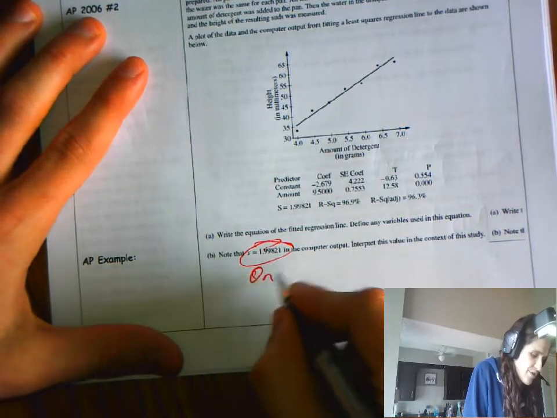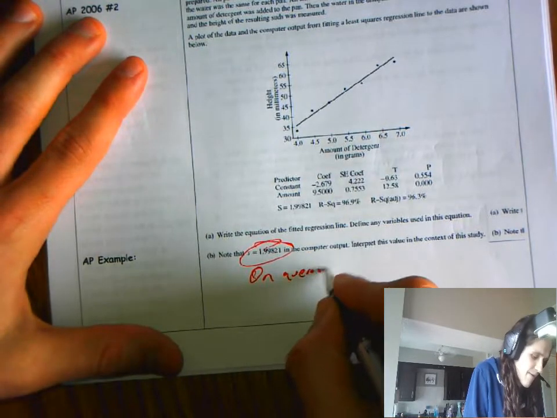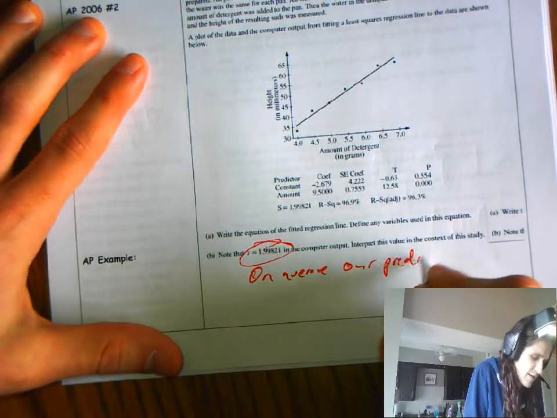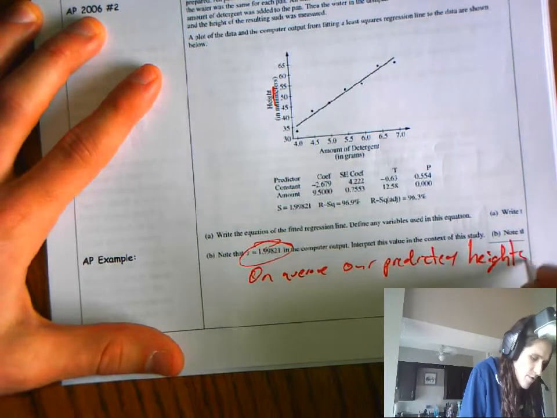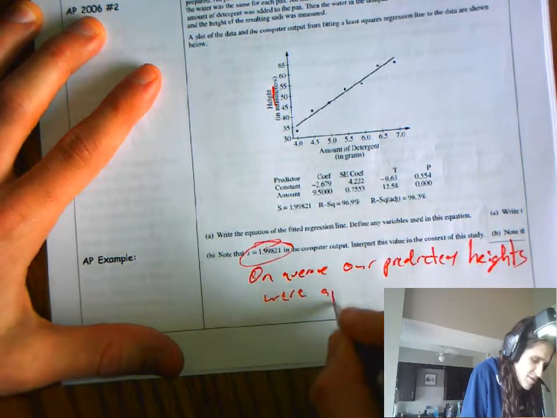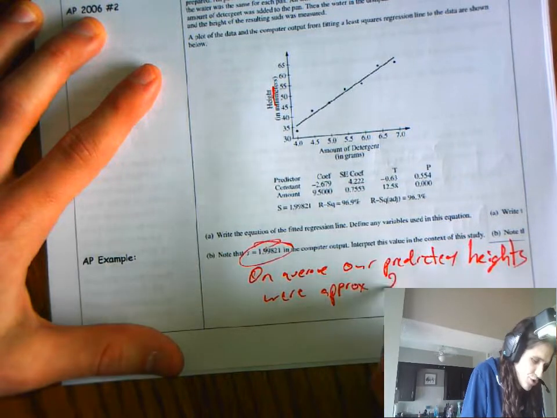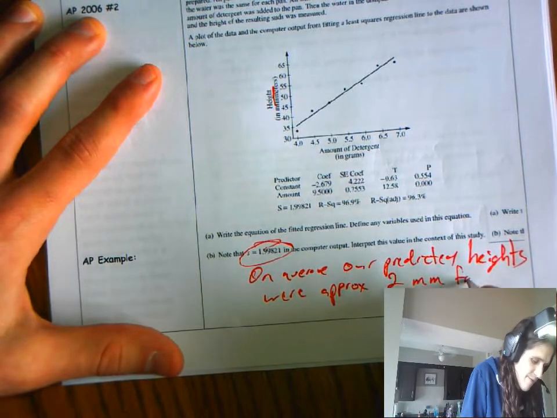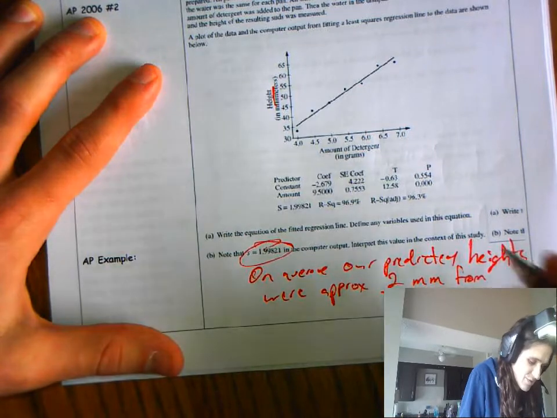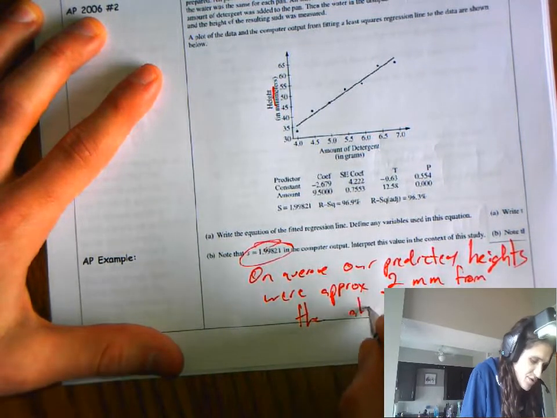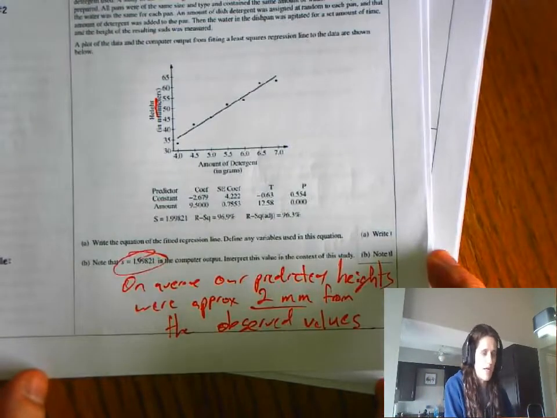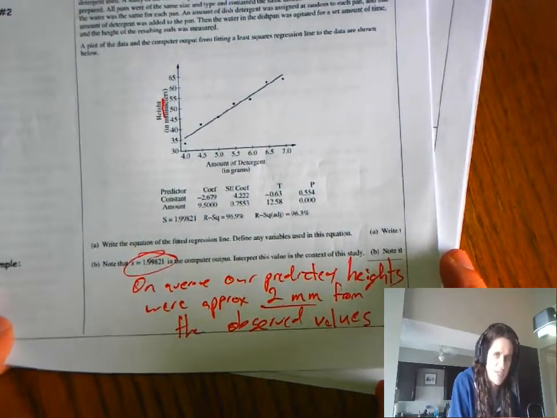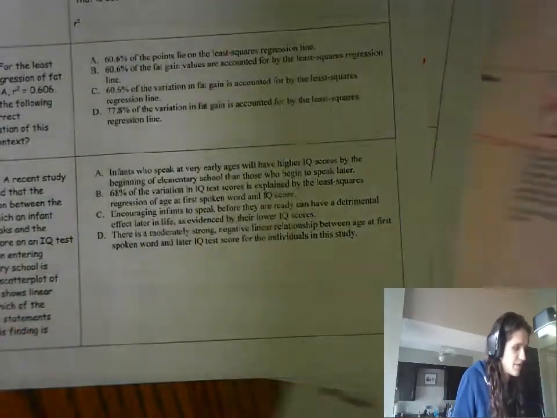On average, our predicted heights were approximately 2 millimeters, rounding to 2 because it's close enough, from the observed values. Neato. Moving quickly, because I don't want this to go any longer than 40 minutes, and you don't either.